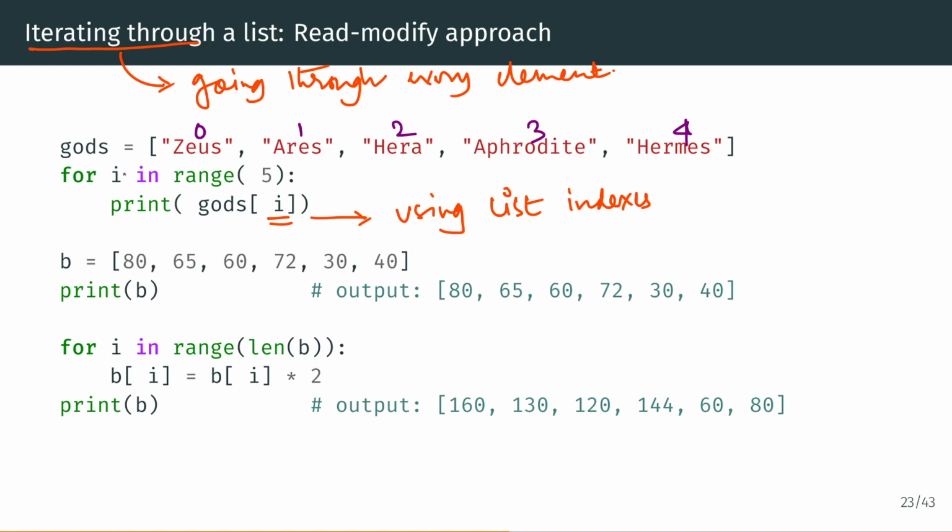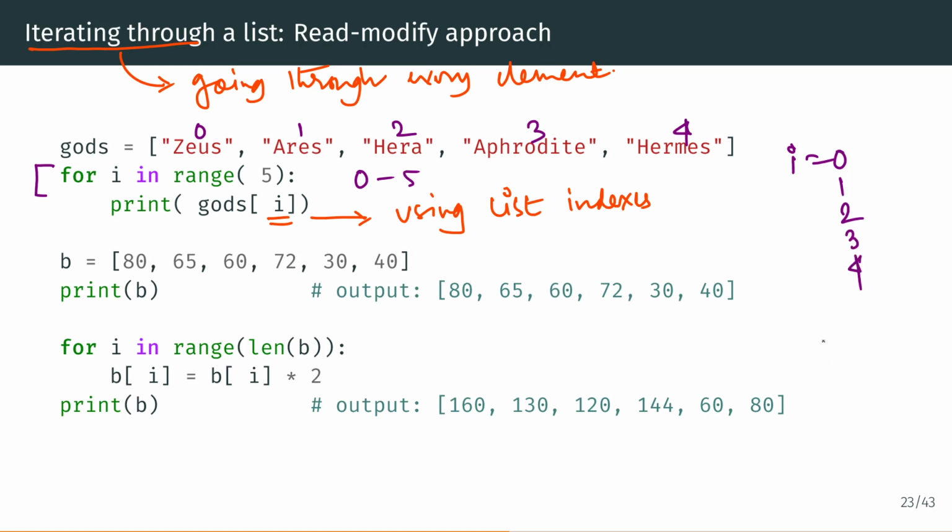What we do is, for i in range(5). So remember this notation right here? For i in range(5) makes sure that i takes values from 0 through 5, but not including 5. So it just says 0 through 4. So i equals 0, and then 1, 2, 3, 4, and then it stops.